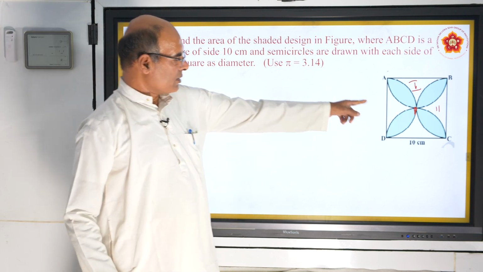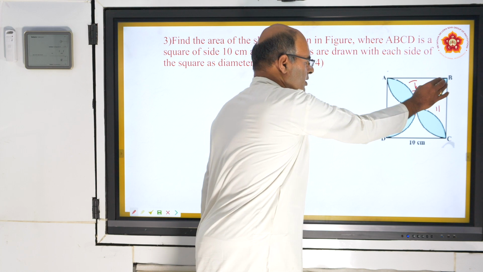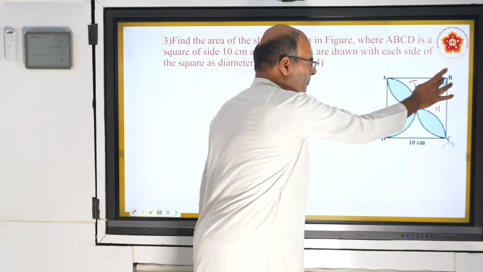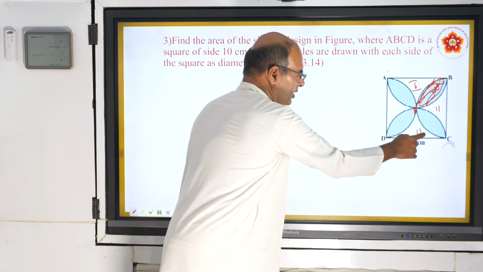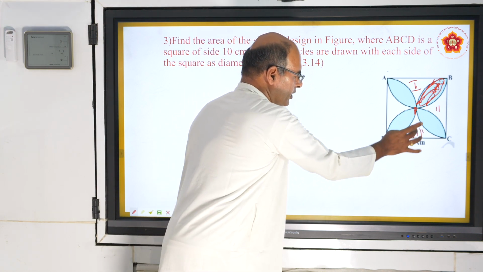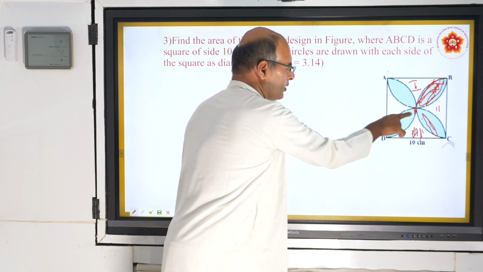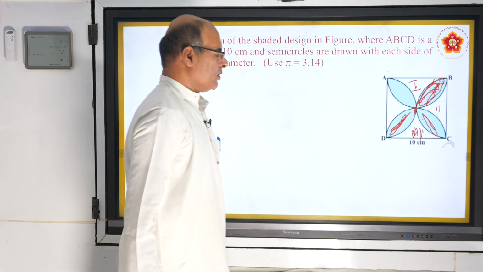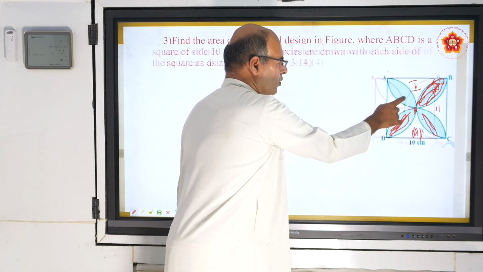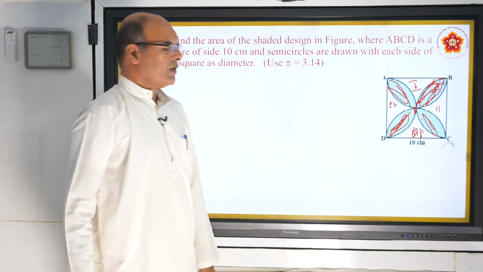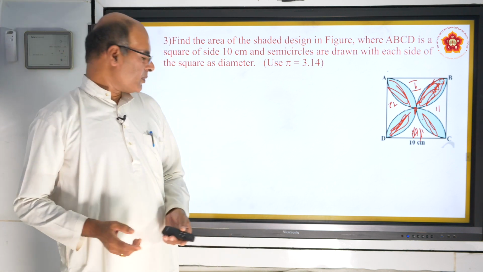So look here, the first semicircle and second semicircle, the semicircular region is overlapped here. Similarly, second and third, if this is the third semicircle, the third and second overlapped here, third and fourth overlapped here, and fourth and first overlapped here. So we have to calculate the areas of those overlapped regions.